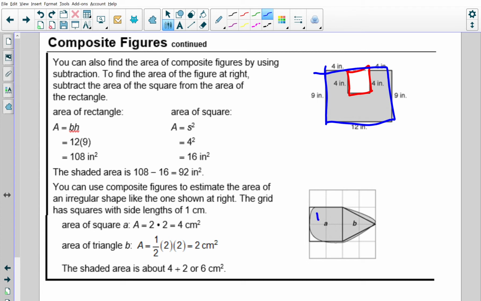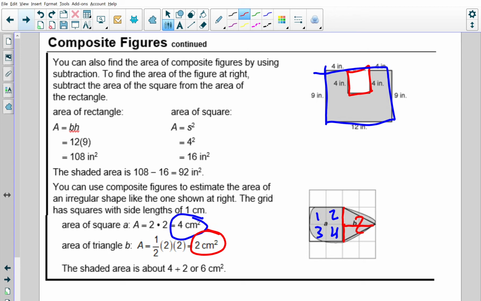This piece takes up 1, 2, 3, 4 squares, which they account for right there. And the triangle takes up what? 1/2 base times height. So 1, 2 times 1, 2 is 4. Cut in half is 2, which is there. So that's what they mean by estimation.